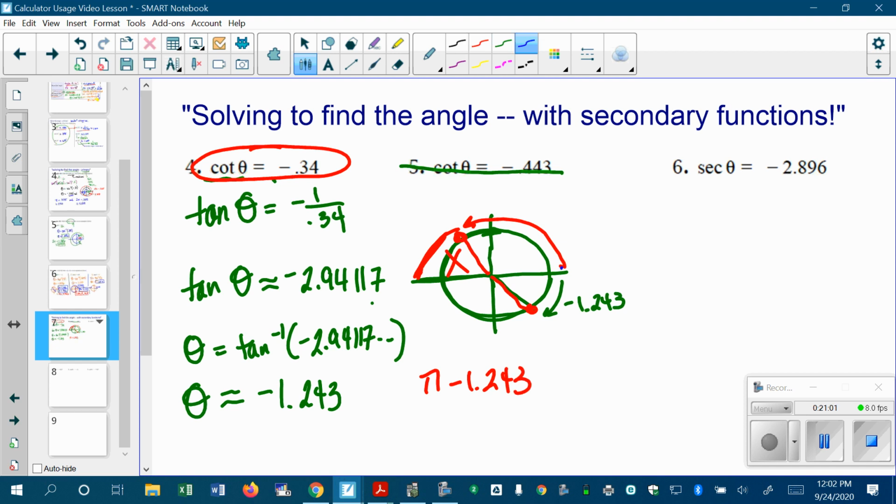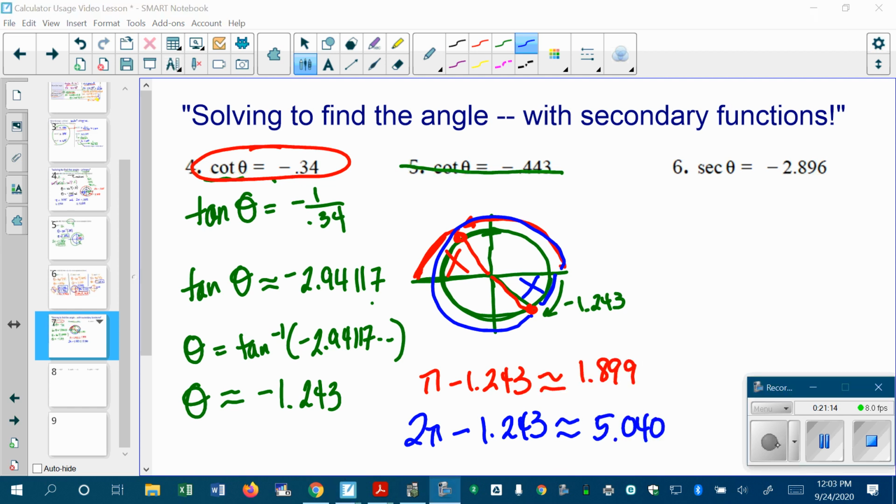I also need all the way around, like to here, but not this last part. So 2 pi minus 1.243. Those are going to be my two angles. So those are the two decimal values I got with those computations, okay? I think I'm going to have you try the last three on the page, so 7, 8, and 9.